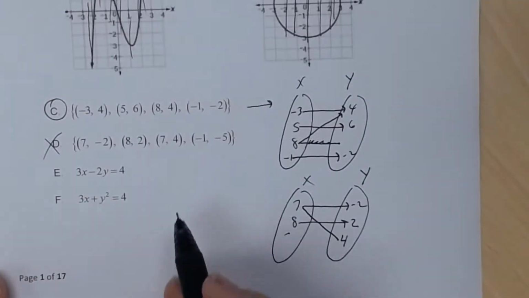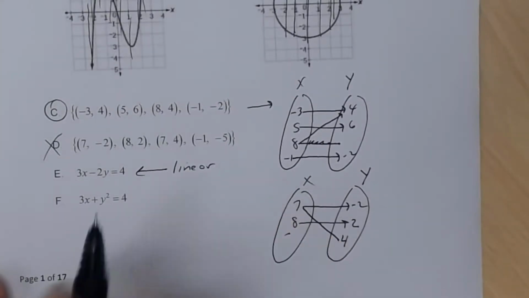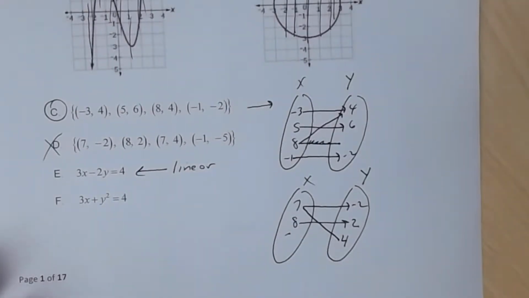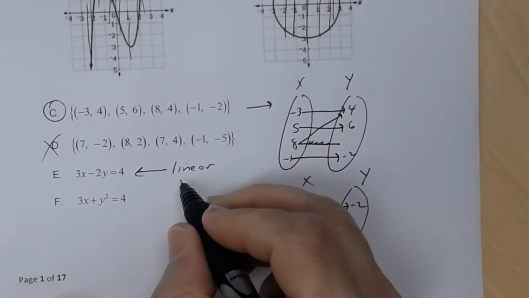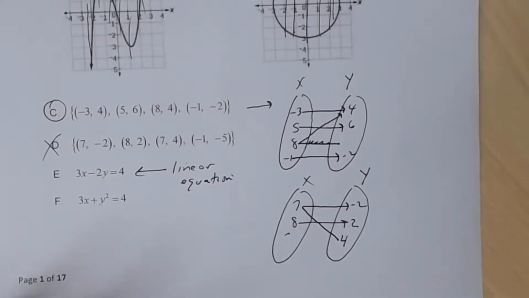In letter E, you have to notice that, first of all, this is linear. So this is a linear equation.